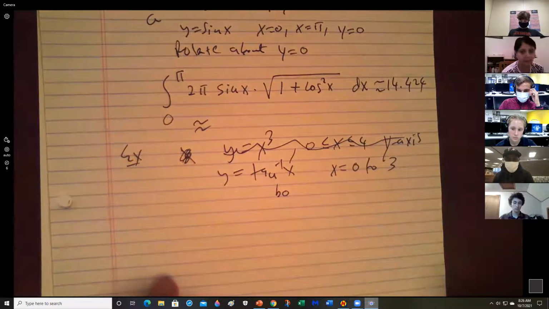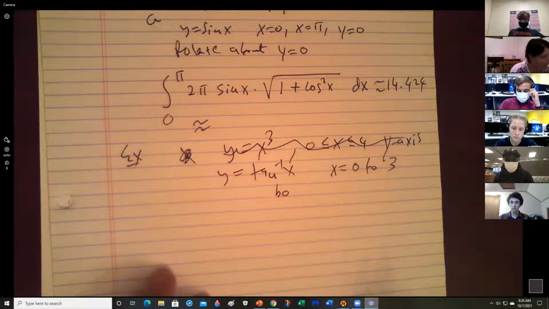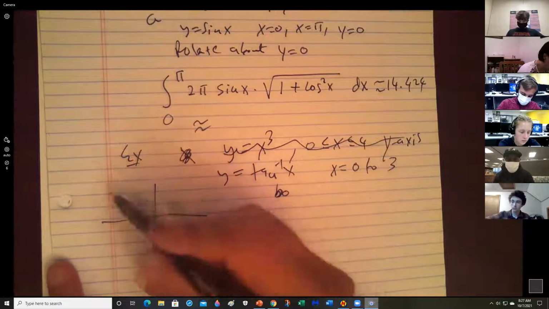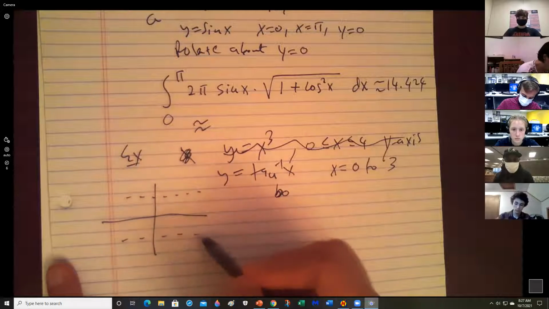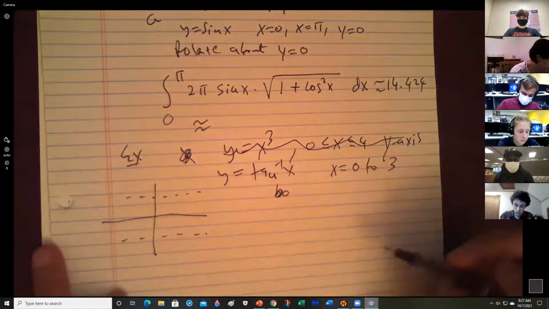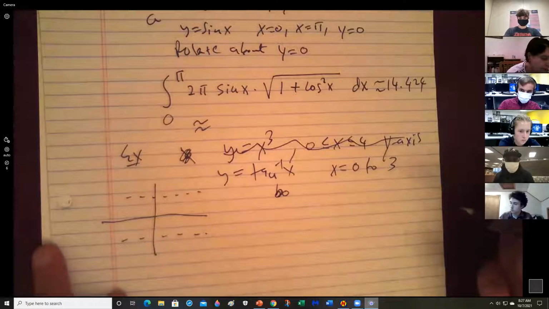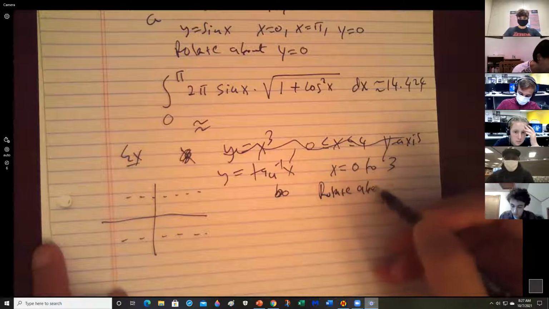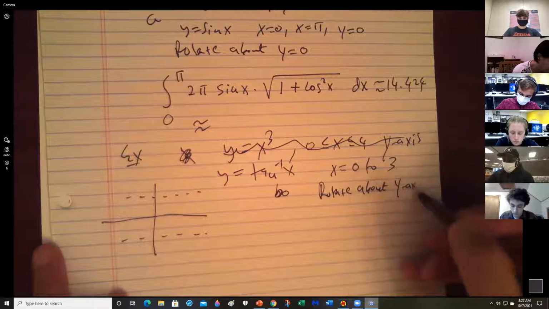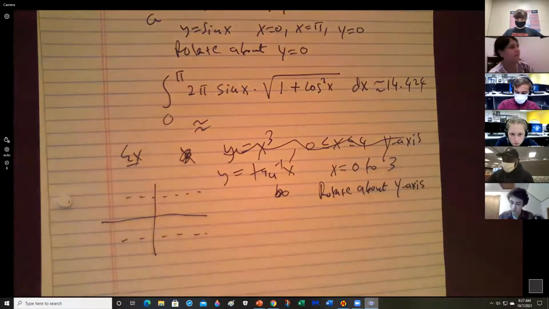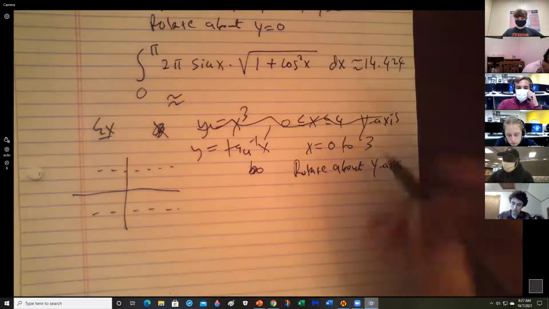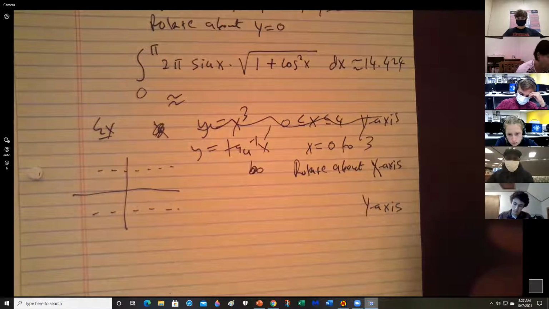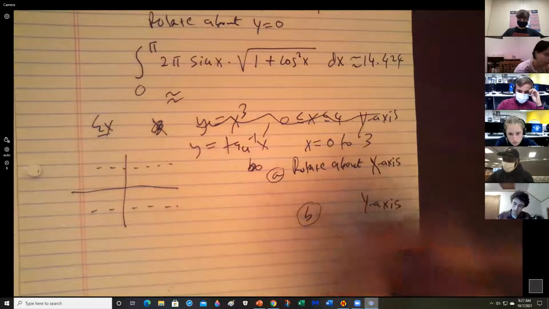Okay, got it. x equals 0 to 3, yes. Okay, all right, set it up. Rotate about the y-axis. Actually, let's do x-axis first and then y-axis just to see what happens. We'll do both.